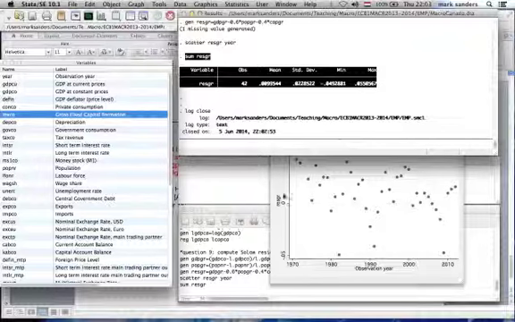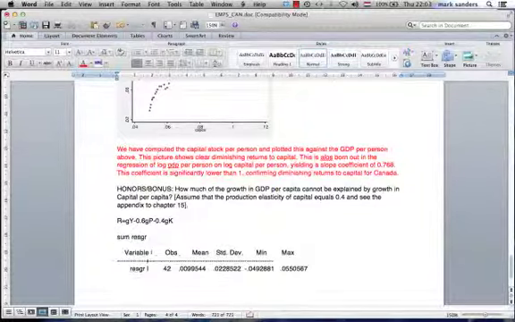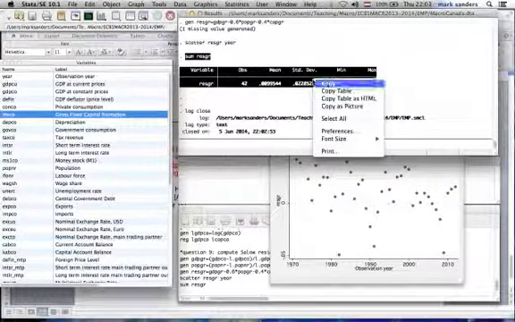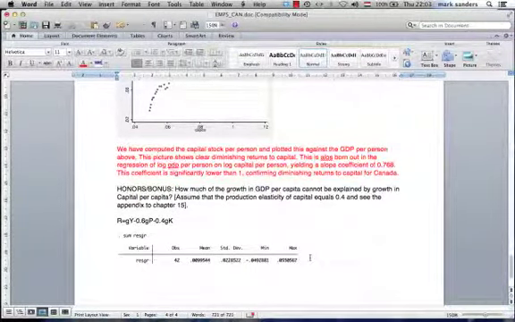The scatter, the variation is rather high. It's probably the last thing I'll do today. Okay, so what we've done now is how much of the growth in GDP per capita cannot be explained by growth in capital per capita, or population growth in this case.